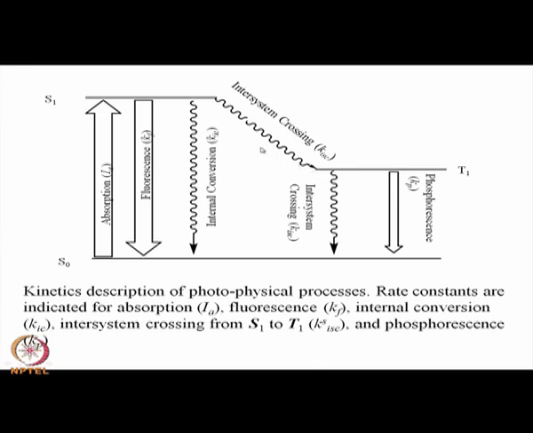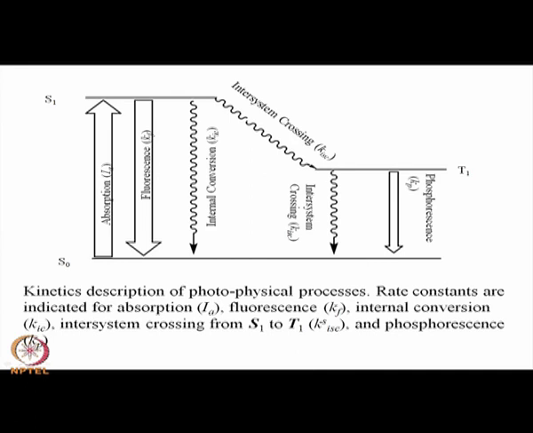Okay, so if it is enhanced, then you expect to have more population in the triplet, but more population in the triplet does not necessarily mean that you will have more phosphorescence, because this T1 to S0 radiative process is a spin forbidden process.